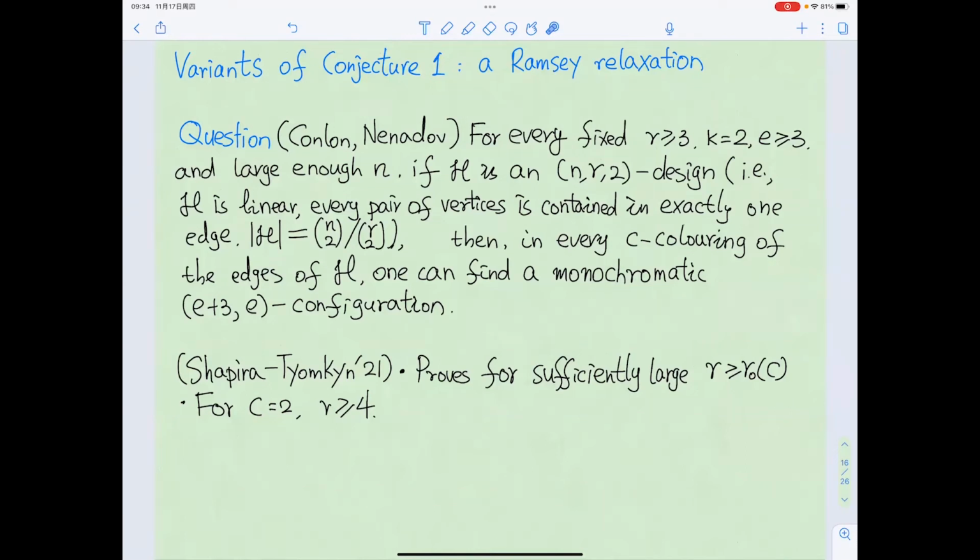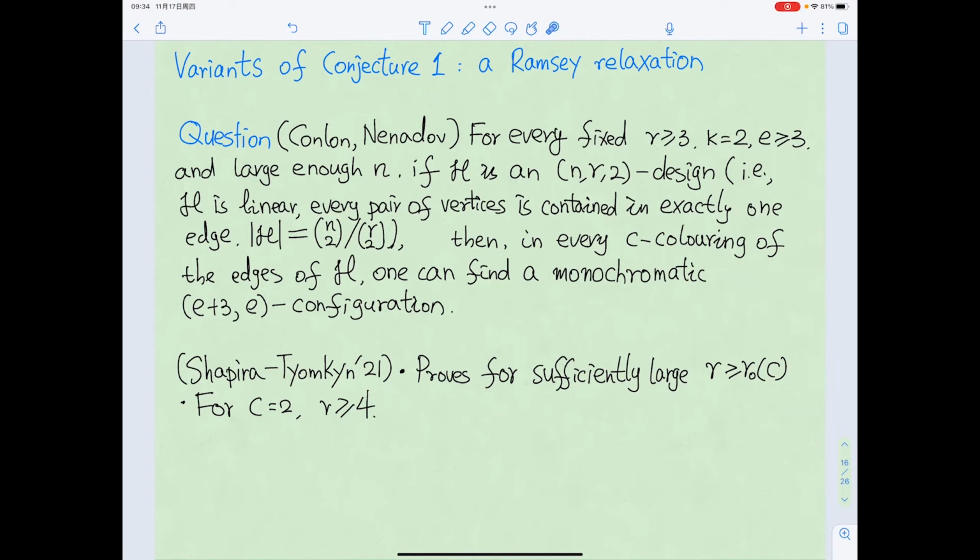The question of Conlon and Nenadov is that if H has this property, then in every c-coloring of the edges of H, one can find a monochromatic (e+3, e) configuration. So this means that in every c-coloring of H, one can find e monochromatic edges whose union is at most e+3.